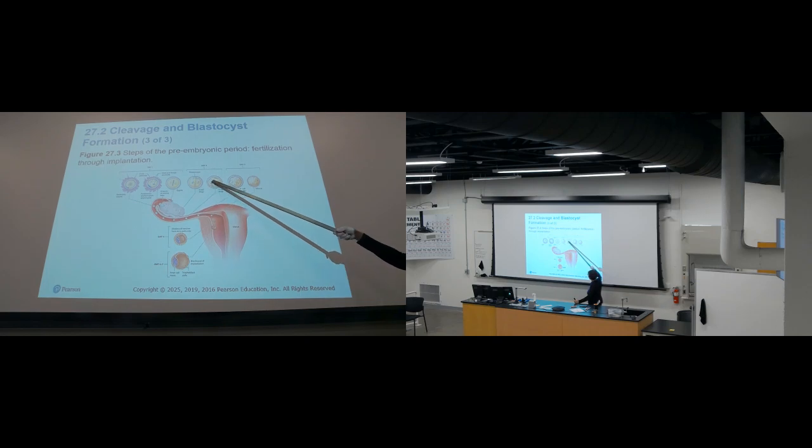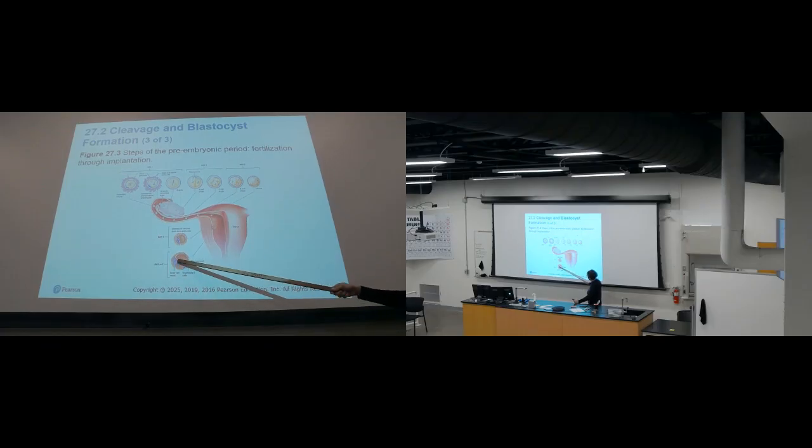And then this will split in half, so you form the 4-cell stage, 8-cell stage, early morula, and then you form on day 4 the blastocyst, and then between days 4 and 7, but actually on day 7, that's where you have the implantation, and then here you have these trophoblast cells, the blastocoele with this fluid, and then here the inner cell mass.